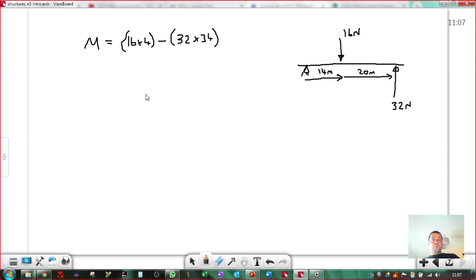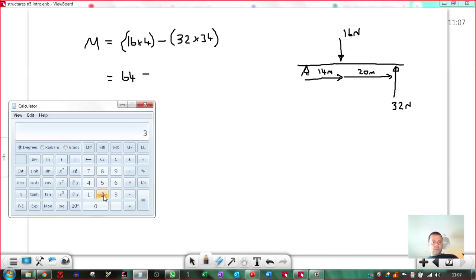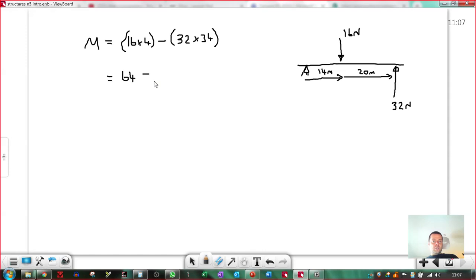So the total moment equals 16 times 4, which is 64, minus, I'm going to have to use a calculator for this one, 32 times 34, 1088.